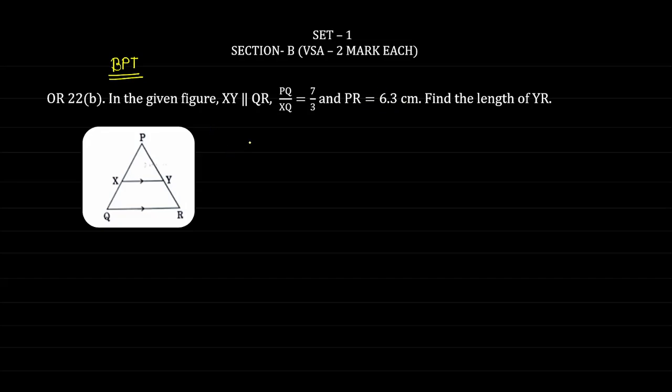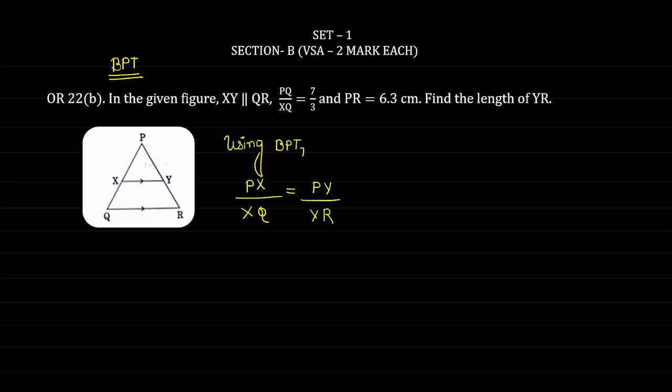Okay. So you can directly write this also, but if you write using the Thales theorem or BPT, I can say that PX by XQ is equal to PY by YR. What is the statement for BPT here?